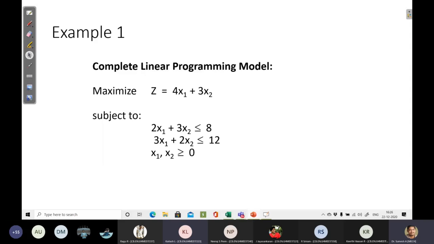How to add plus 0 S1 plus 0 S2. Constraints: 2x1 plus 3x2 plus S1 equal to 8. 3x1 plus 2x2 plus S2 equal to 12. Yeah, correct.